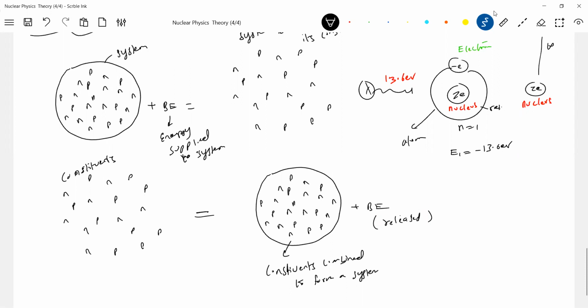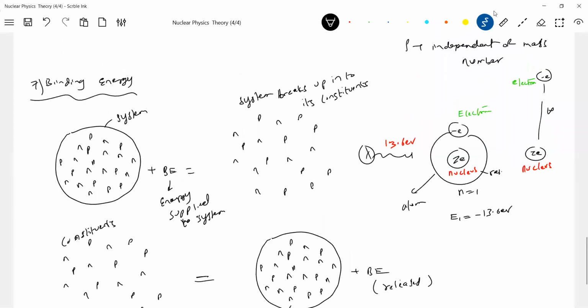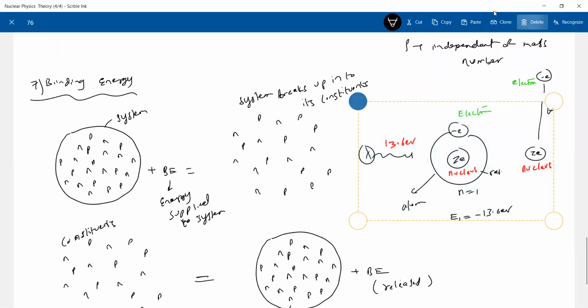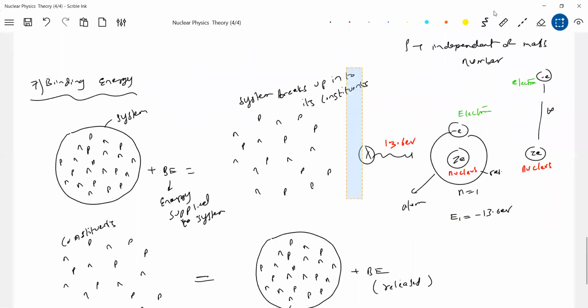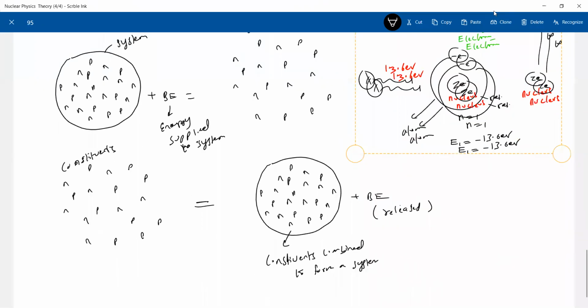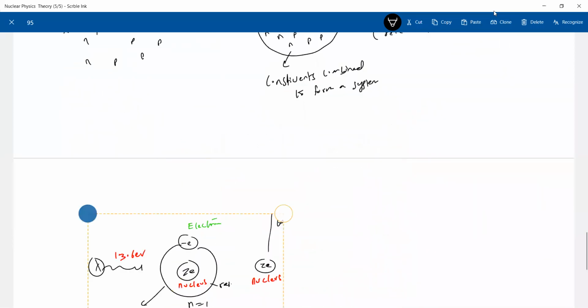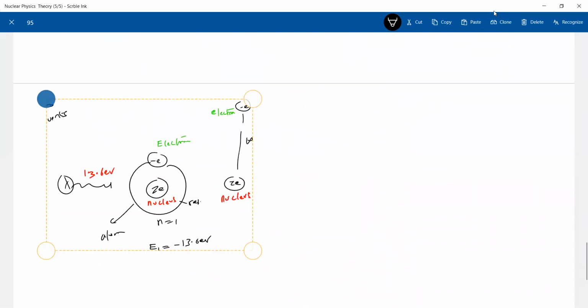So let me just take the same example of atomic structure. This will be much easier for you. Let me proceed with this example only. I'm bringing everything in one separate page.